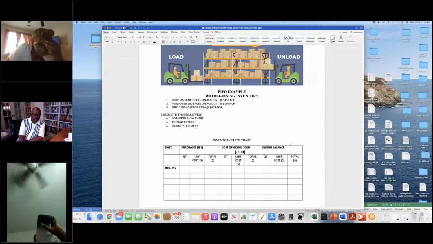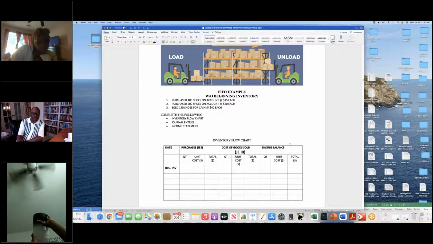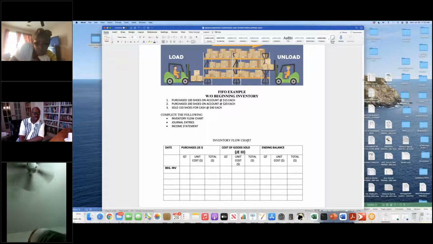So we'll keep track of our inventory on this inventory flow chart, because we might have 8 or 10 different transactions.